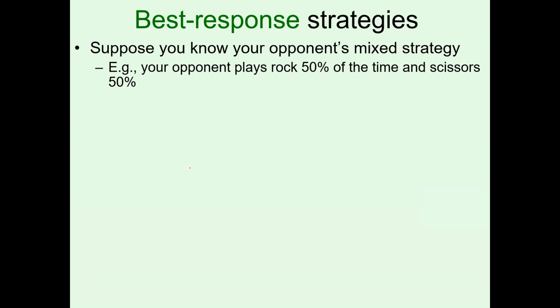An example is rock, paper, scissors. You can come up with a strategy where 50% of the time you play rock, 50% of the time you play scissors, and you never play paper. Or 40% of the time rock, 40% of the time scissors, and 20% paper. Those are the strategies.